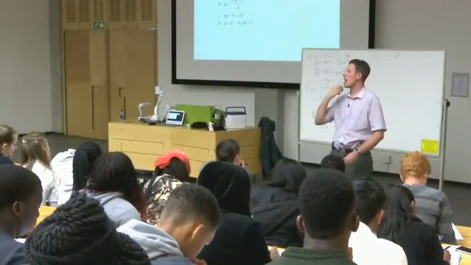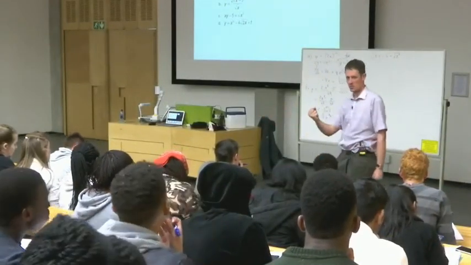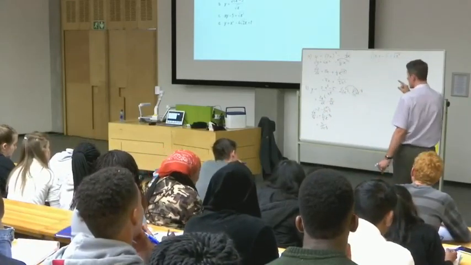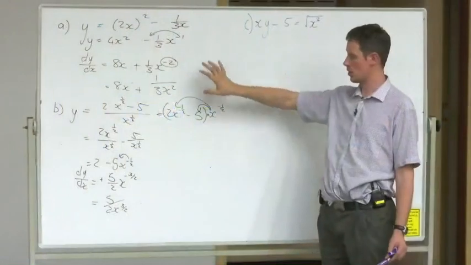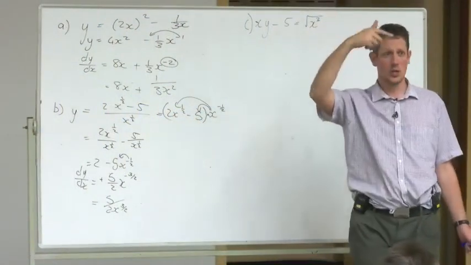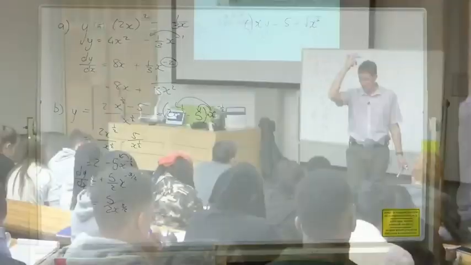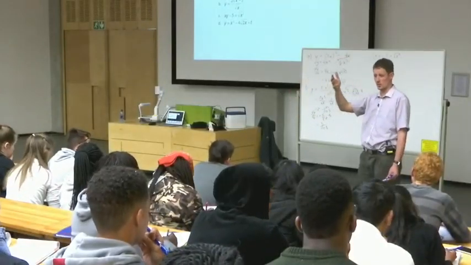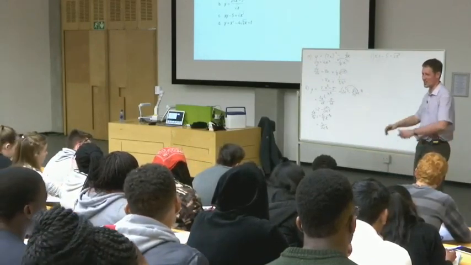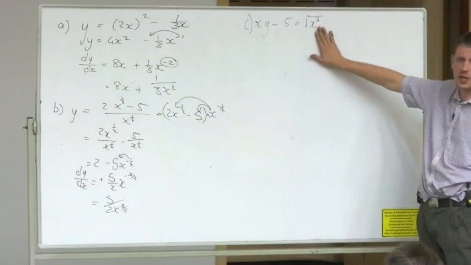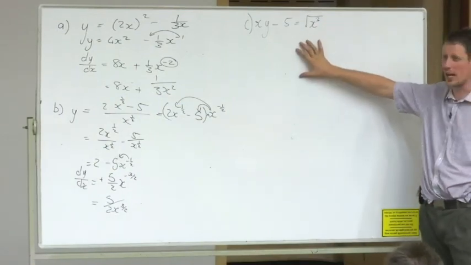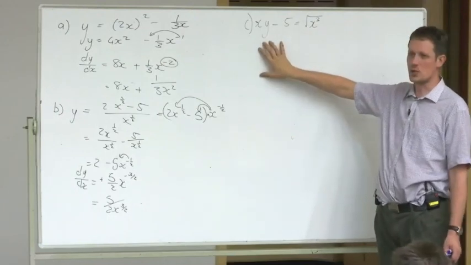For those of you that have AP Maths, you should be able to do these by using product rule, quotient rule, chain rule, implicit differentiation. Oh, yes, I forgot that one. This one I would expect you to be able to do by using implicit differentiation because y is not the subject.